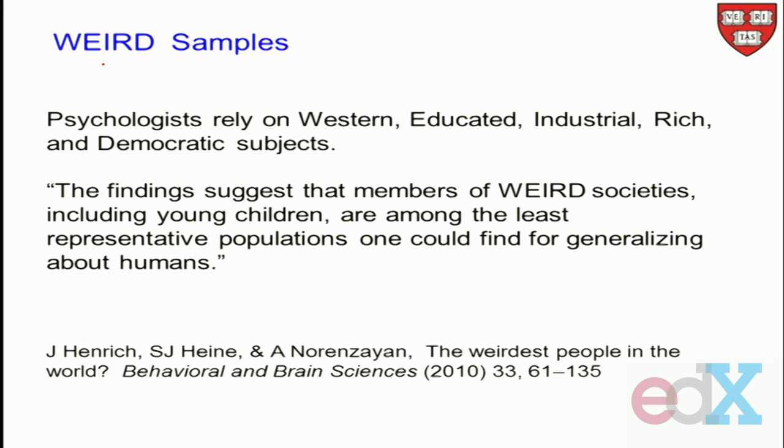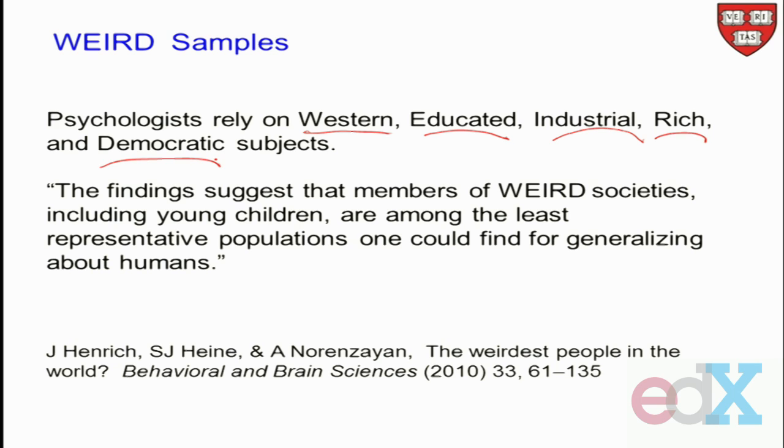Psychologists speak about weird samples. What they mean is, it's an acronym for Western, Educated, Industrial, Rich, and Democratic subjects. So they're weird subjects. Why they say this is because typically, where are these psychological studies done? They're done on campus. And who comes in to do this for the $1 or $2 that they may pay are other students.